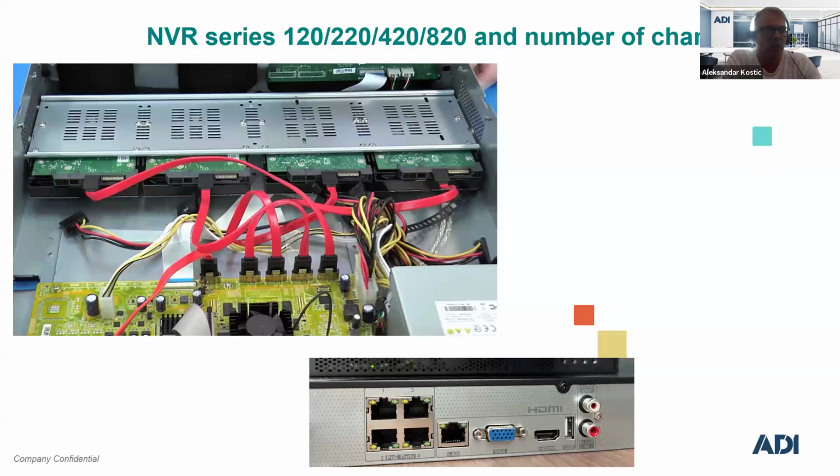When we connect the camera to the NVR, they get IP addresses from a completely different range from the main network. The NVR is assigning IP addresses, and those IP addresses are not visible from the main network.